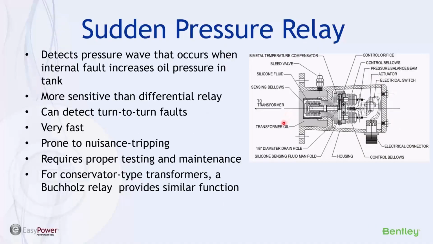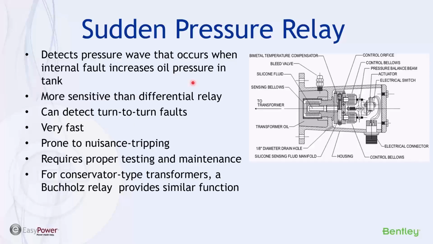An alternative then, for detecting very low level failures, is measuring the pressure of the oil itself. That element is called a sudden pressure relay that can detect the pressure wave that occurs when oil pressure in the tank is changed.